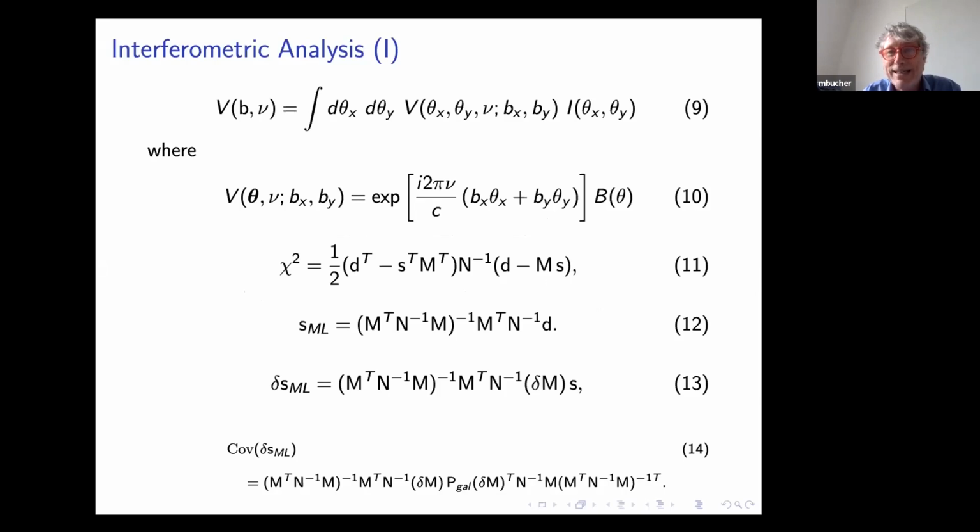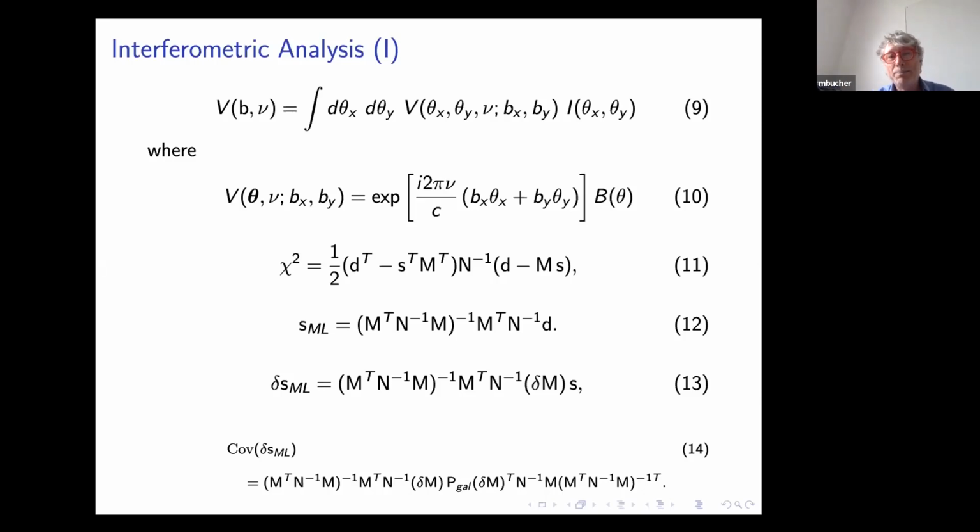So this is B, the separation between the two dishes. And this, in equation 10, modulates your primary beam. So B of theta is just the primary beam on the sky, and it's proportional to the intensity.